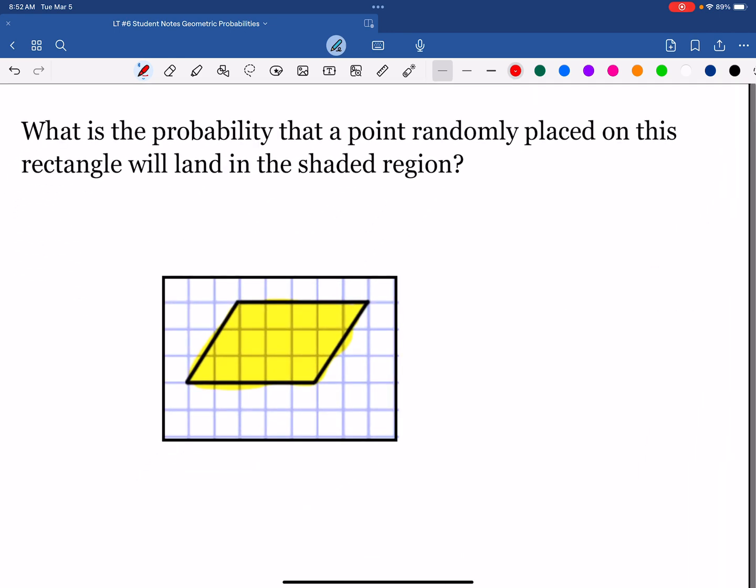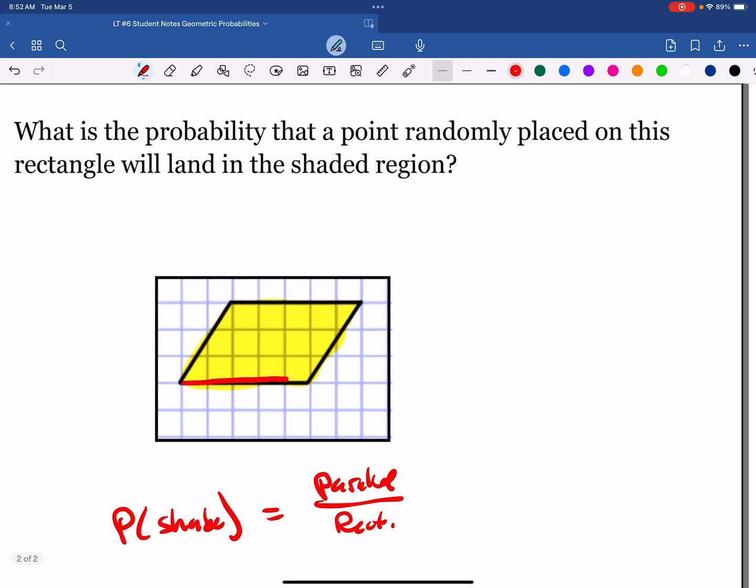Pause the movie, try this one on your own, and press play when you're finished. All right, probability that we're in the shaded region is going to be the parallelogram over the rectangle. So the parallelogram is base times height.